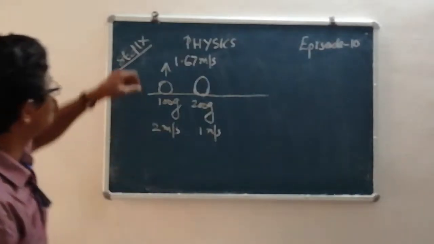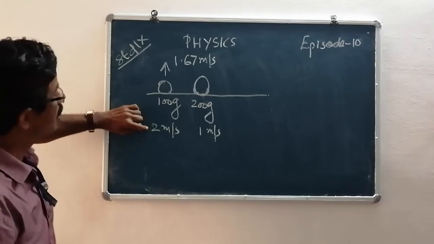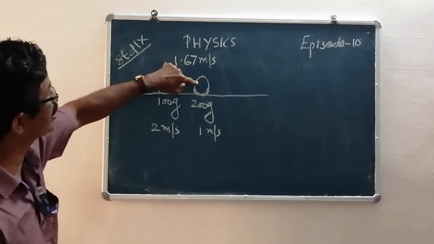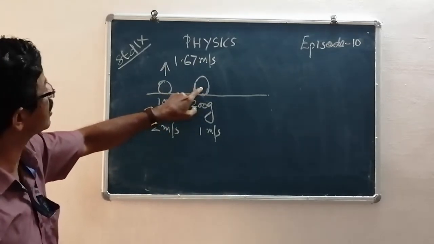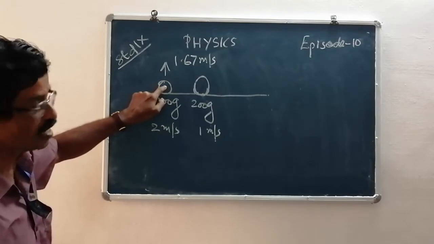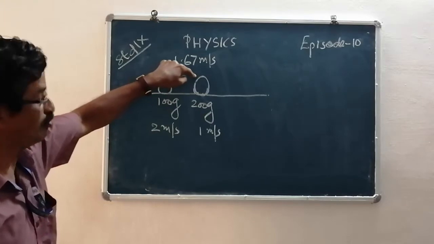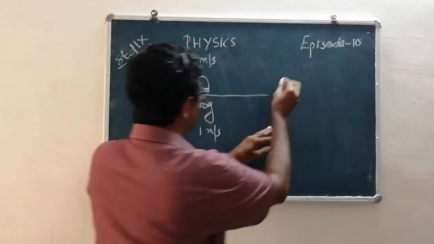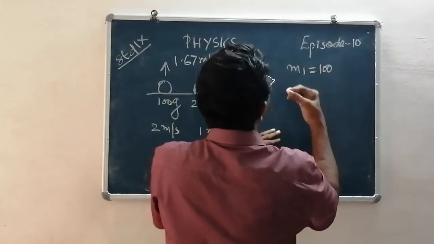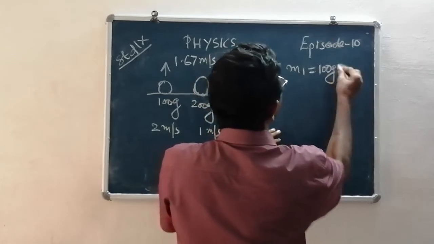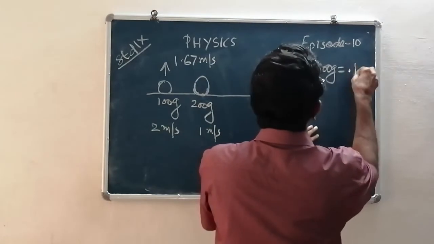See here, two objects. First one mass 100 gram moving with 2 meter per second and second one mass 200 gram moving with a speed of 1 meter per second. They two collide and after the collision the speed of the first one is 1.67 meter per second and this one we want to find out. Let the mass of the first one be M1, that is 100 gram. That we can change to kilogram by dividing by 1000. So it will come as 0.1 kg.